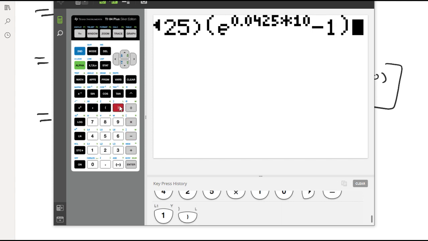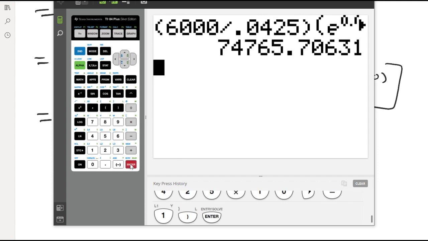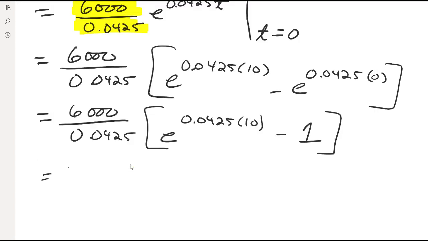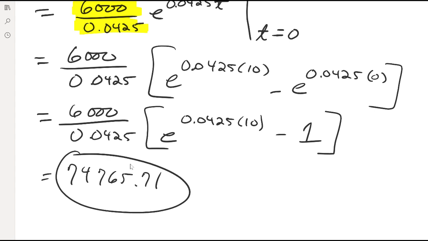Make sure you use your parentheses carefully. Hit enter, and we get 74,765 and 71 cents. So if we invest that $6,000 every year for 10 years continuously, we're going to have 74,765 and 71 cents in the bank. That's how you handle future value.